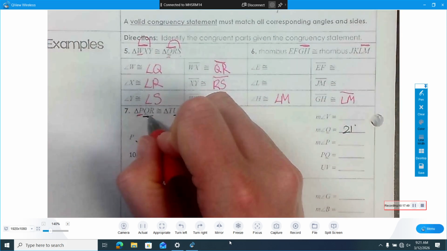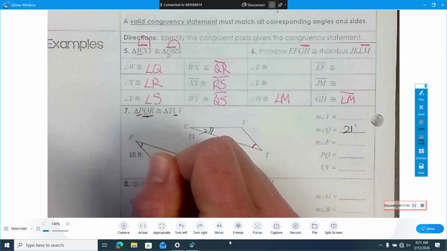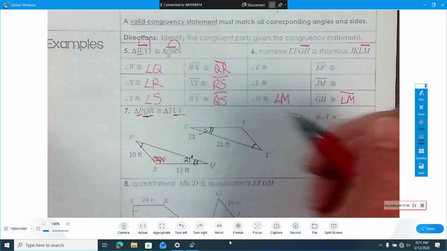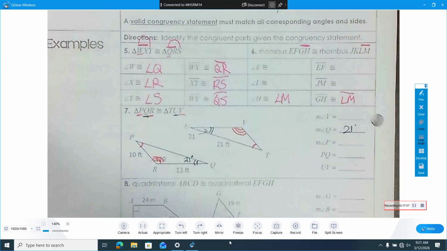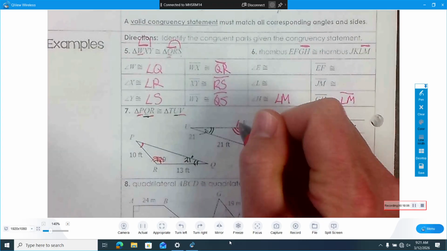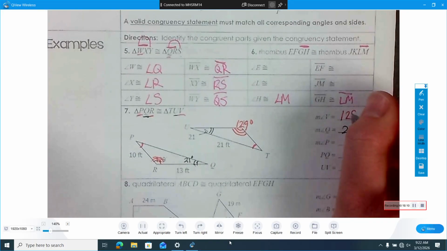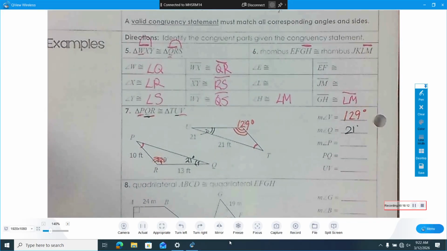Last we have angle R is going to be congruent to V, yes. So I'm going to mark that with a triple mark there. Hey, if angle R is 129, what do we know? V is also 129 degrees.